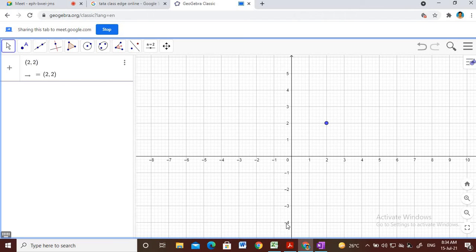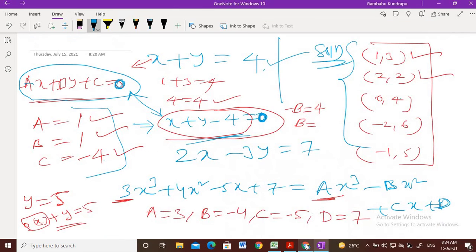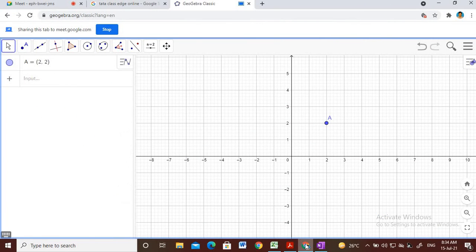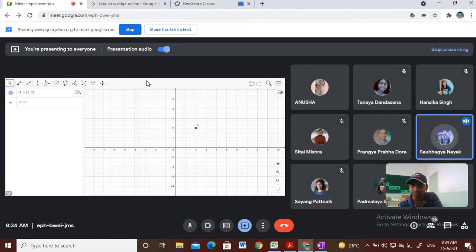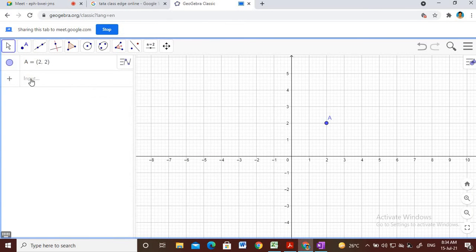Next point: (0, 4). Next one: you take anything, for example (-1, 5). Like that, if you take (-2, 6).